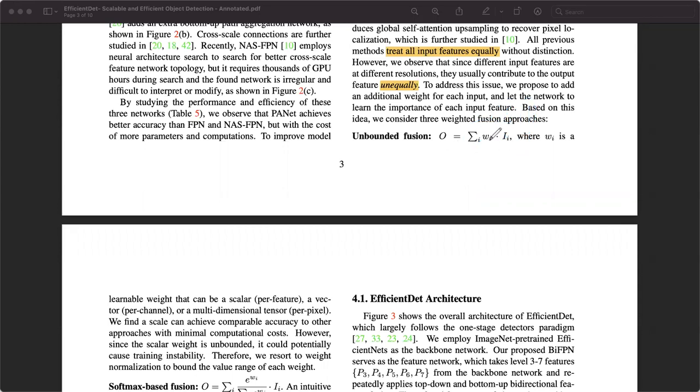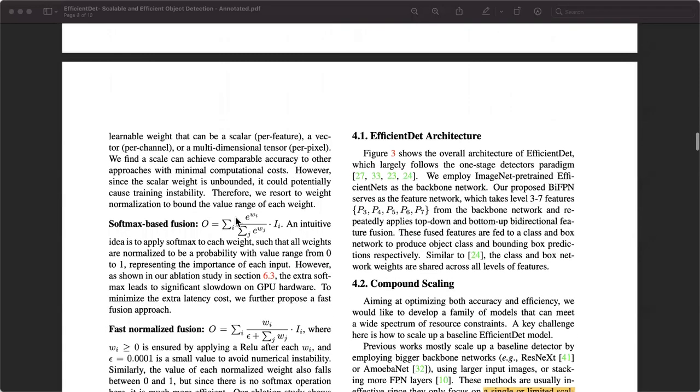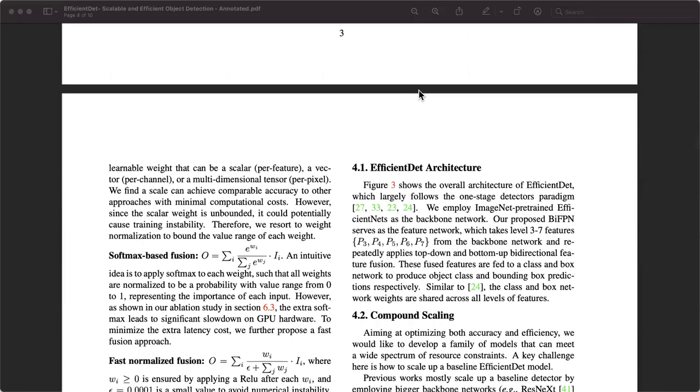However, this is unbounded, which means that W could range from negative infinity to positive infinity, which can result in unstable training, and whenever we go to infinity, we are no longer able to change the network anymore.